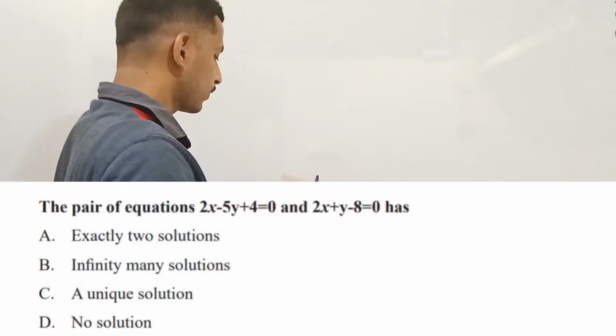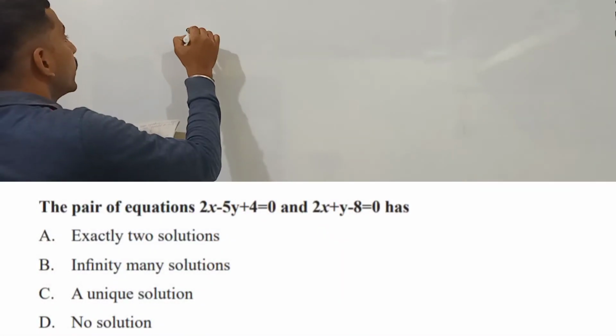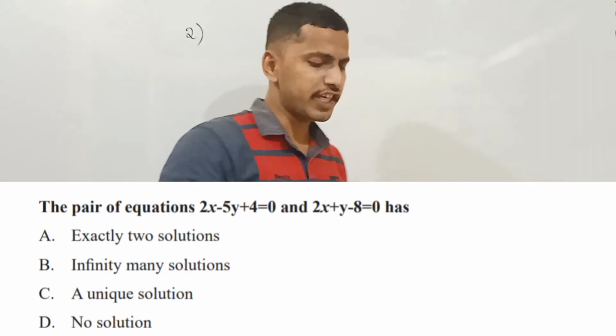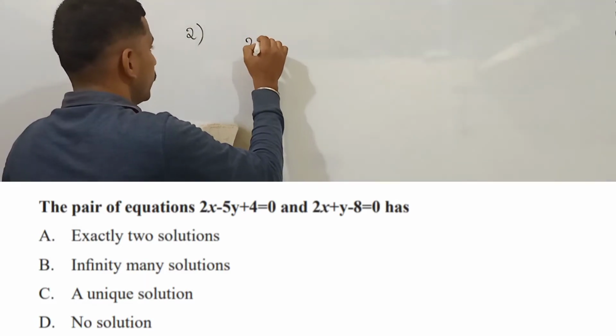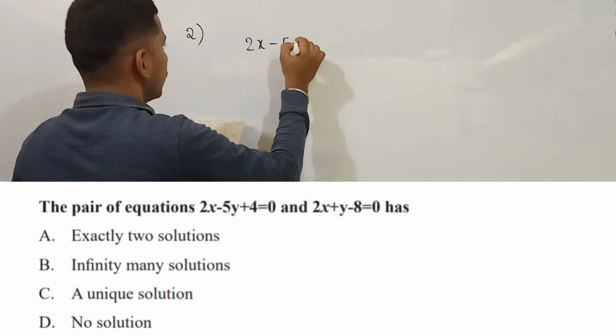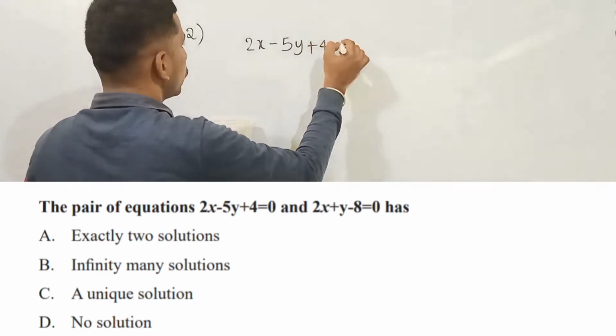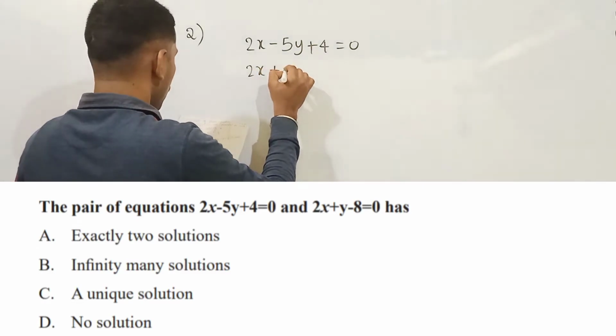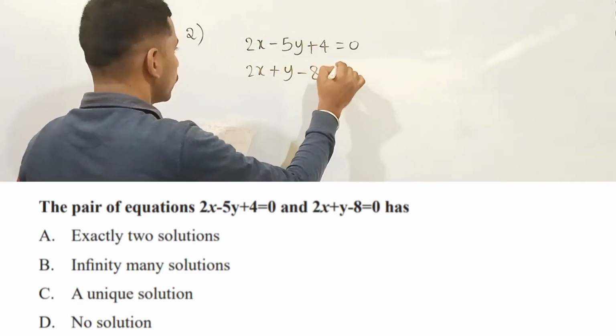Now let us go to the second one. In the second question, we are given two equations. One equation is 2x minus 5y plus 4 is equal to 0, and the other one is 2x plus y minus 8 is equal to 0.